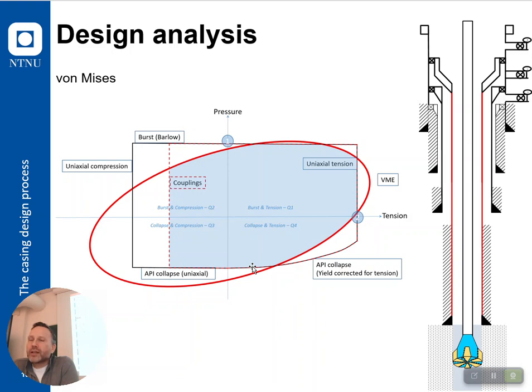And then they realized that when pipes are in tension, and specifically a lot of it further up close to the wellhead or top drive, then it tends to collapse there, and they realized we need to correct for tension. So that's where API tries to mitigate for the triaxial part.